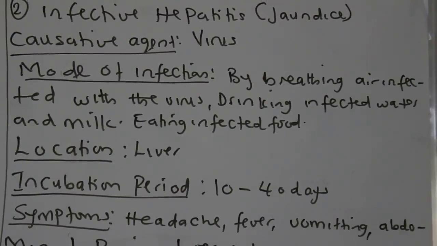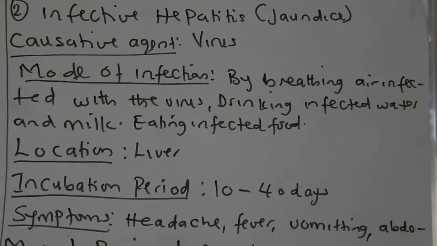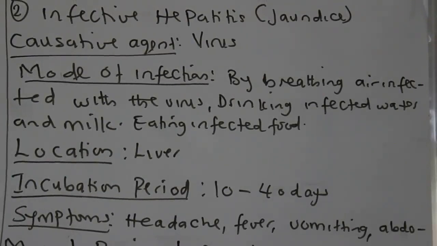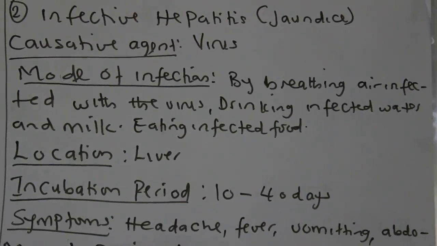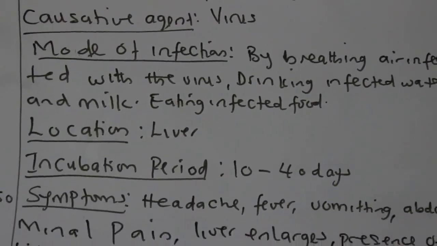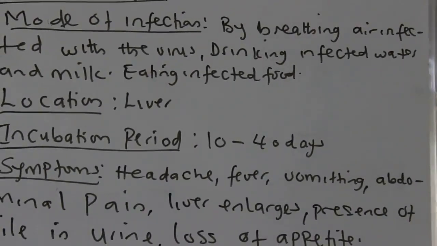And we also have eating of infected food, just as we have in poliomyelitis. And then the location of this virus, when it enters the system of a healthy person, is the liver of the individual. And we know that the liver carries out so many functions.